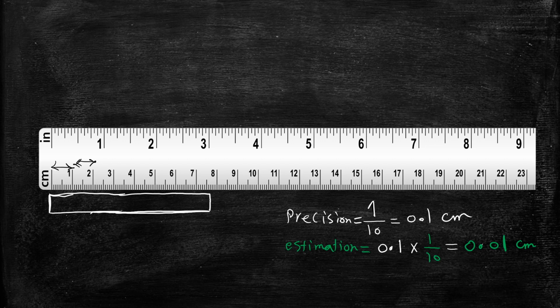Now let's measure the bar. We notice that the bar comes off right here, just short of 8. And it surpasses 7.5, right? It passes the middle of 7 and 8. Also, it passes the first tick mark, and it looks like it comes right on the second tick mark after the 7.5.